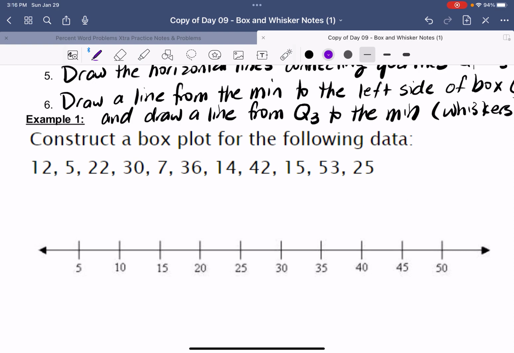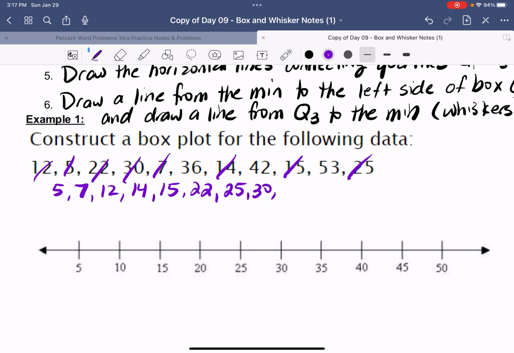If we order it, we start out with 5, then 7, 12, then we have 14, 15, 22, then I have 25, and I have 30, then 36, 42, and lastly 53. So I'm going to double check myself here, make sure I have 1, 2, 3, 4, 5, 6, 7, 8, 9, 10, 11. Should have 11.